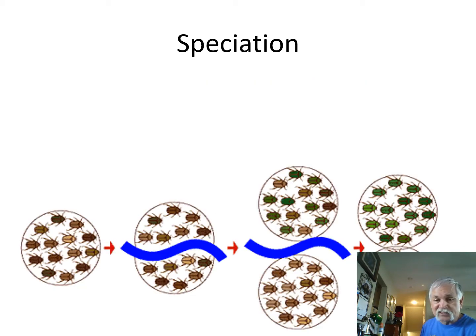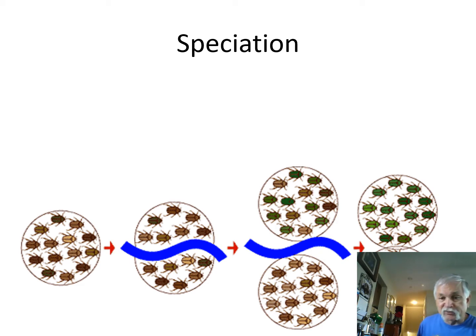So if you look at this speciation video, you can see you've got this assortment of different colored bugs. And they become separated. And as they continue to be separated, depending on the circumstances, they can evolve into two separate species.